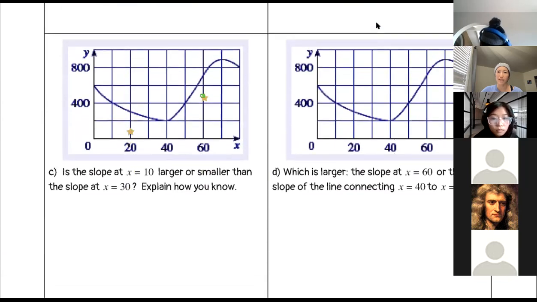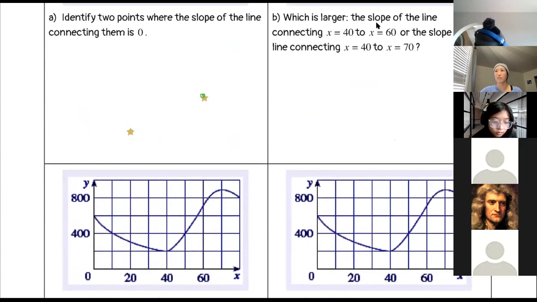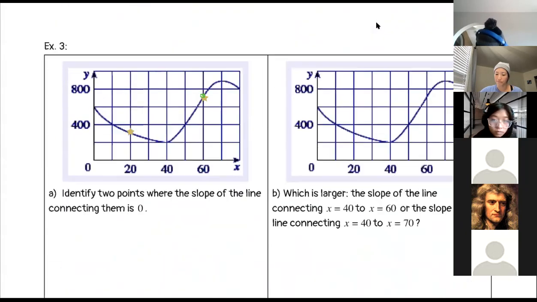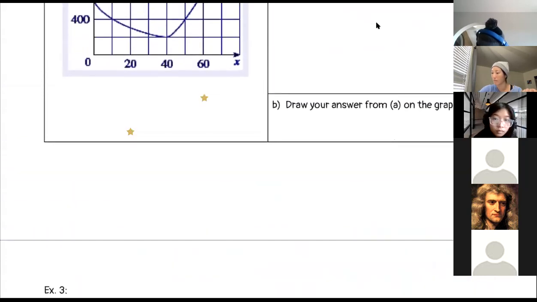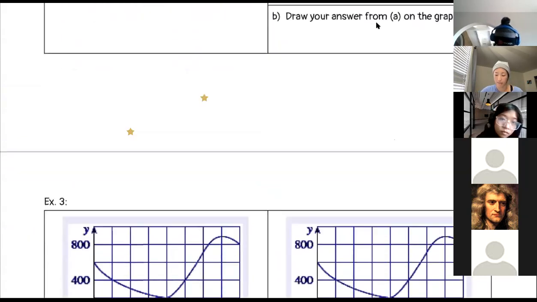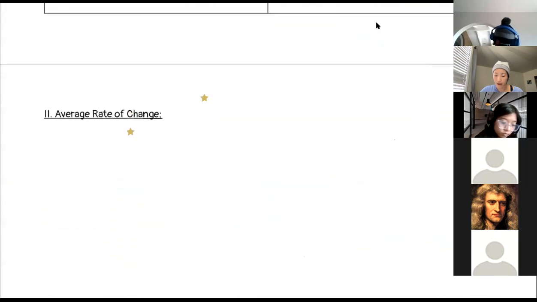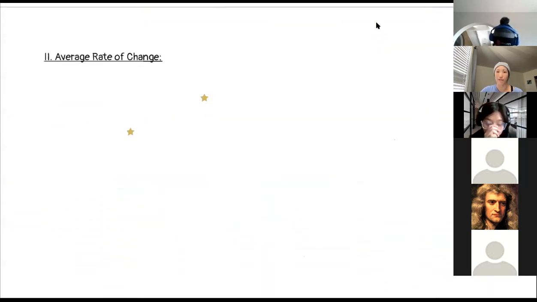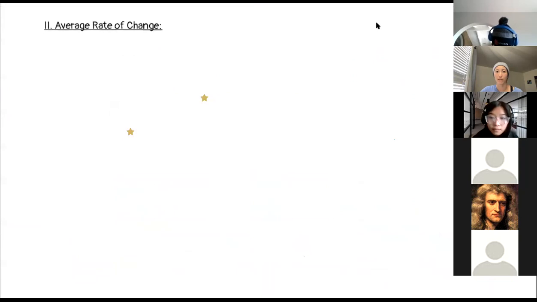I'm going to put you in some breakout rooms, and we're going to take about 10 minutes to work through the examples. I want you to stop when you get to where it says average rate of change. Then we'll come back, check over this work, and summarize this first chunk of today. Let me go ahead and stop sharing my screen here.